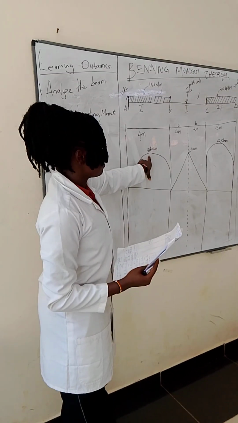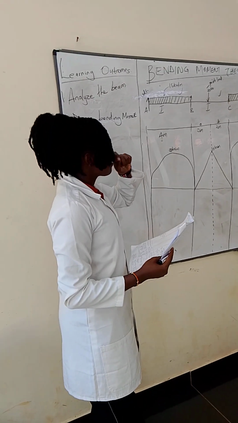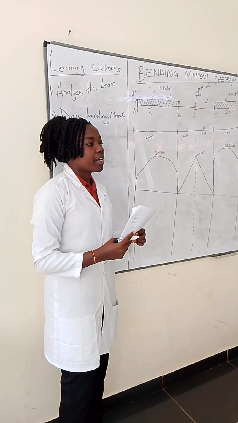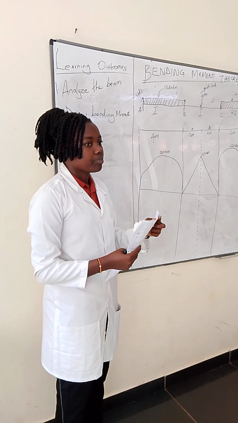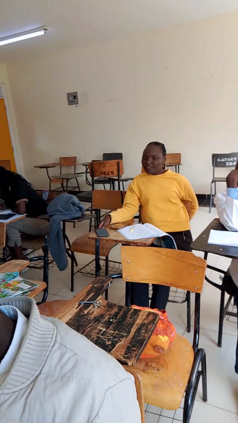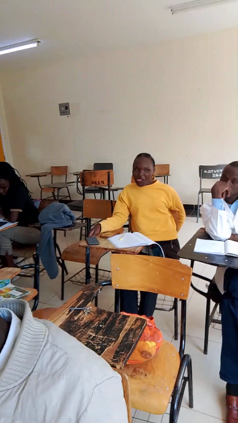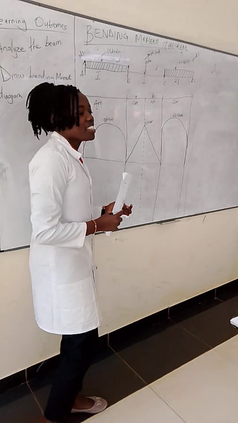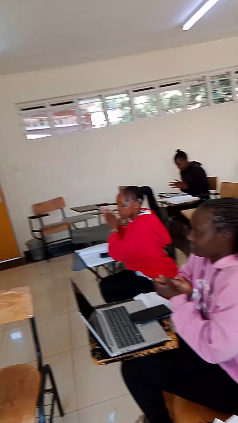Find the area of this shape. What is the formula? How do you get the area? Yes? Emma? Peter? Height times base. Okay, thank you for that. Let's appreciate Emma.